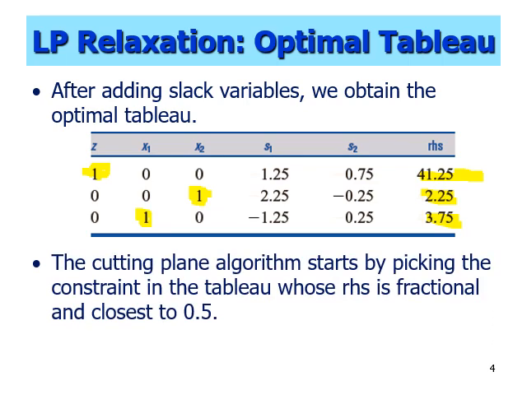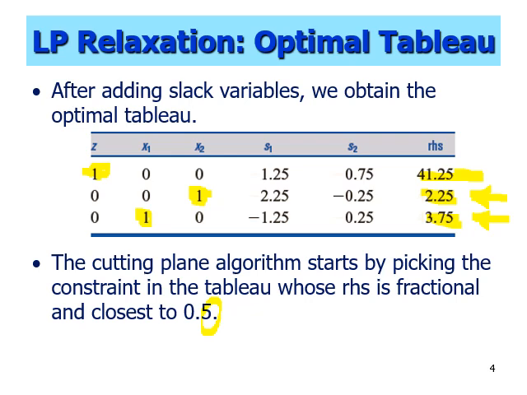The cutting plane algorithm starts by picking the constraint in the table whose right-hand side is fractional. We have two constraints here whose right-hand sides are both fractional. The algorithm suggests we pick the one whose decimal is closest to 0.5.